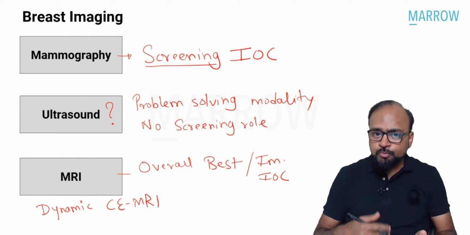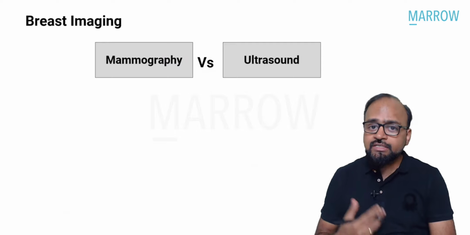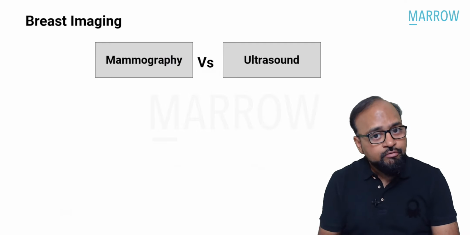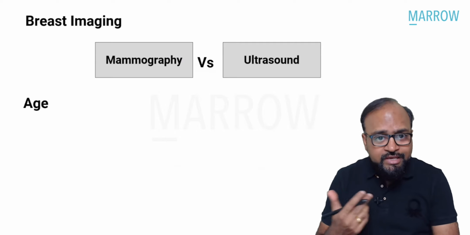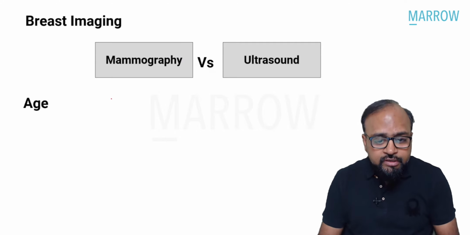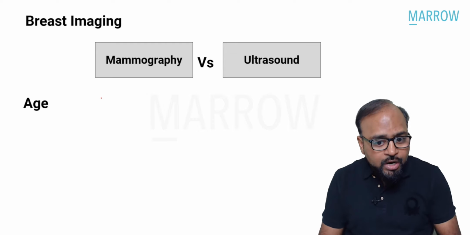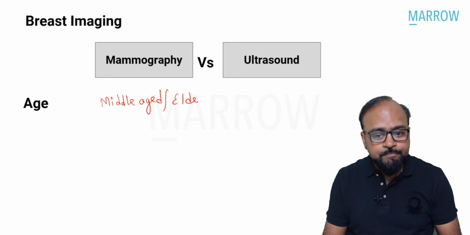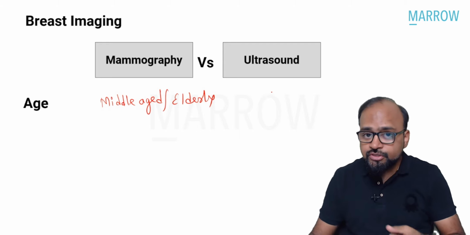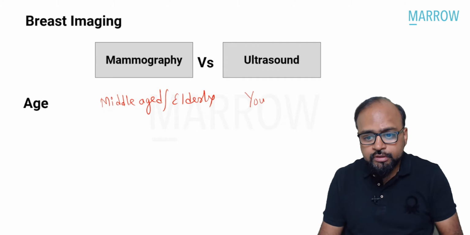Let us explore this in a little bit more detail and discuss a few things about these modalities. Let us start with the comparison of mammography versus ultrasound. As far as the patient characteristics is concerned, what about the age? Remember, mammography is particularly suited for patients who are middle-aged or elderly, whereas ultrasound is usually best suited for young patients.